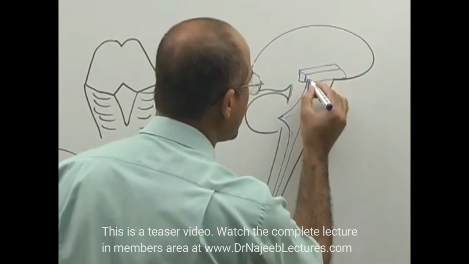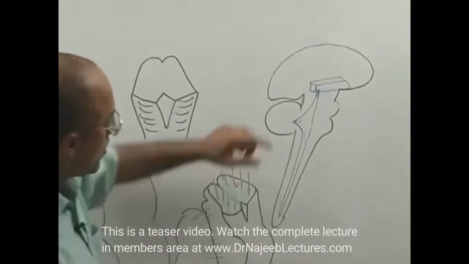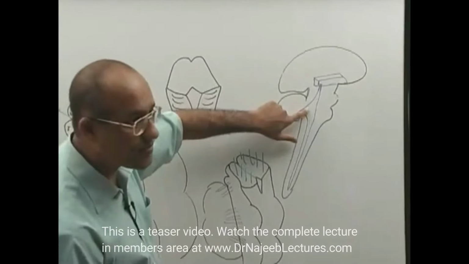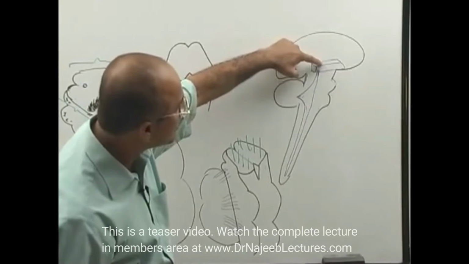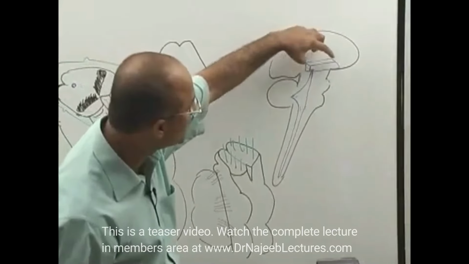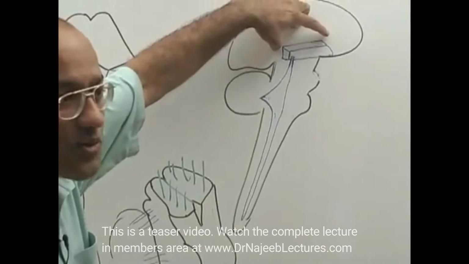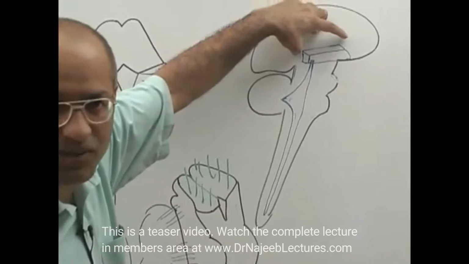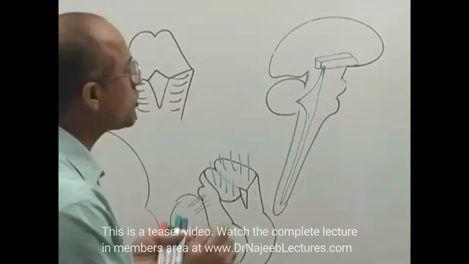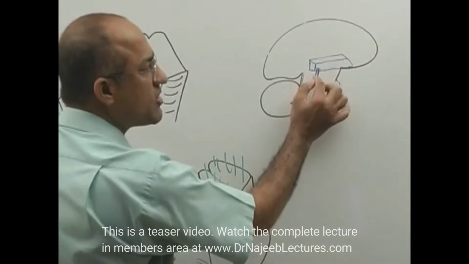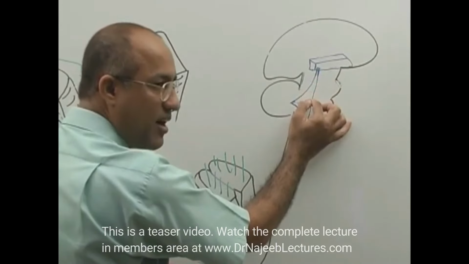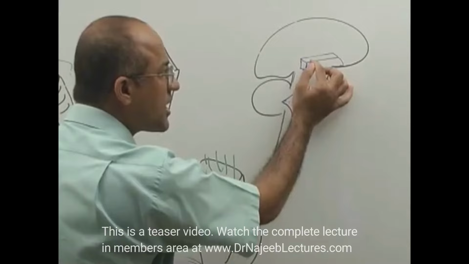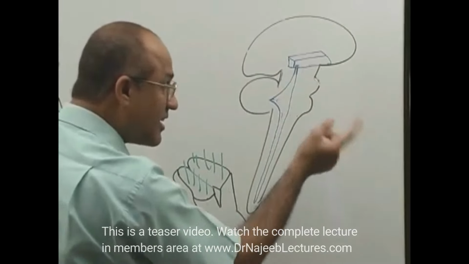And now, this was the fourth ventricle. The fourth ventricle is connected through the cerebral aqueduct with another CSF filled cavity. What is this CSF filled cavity? Third ventricle. Is that right? And so we can say the midbrain cavity is the cerebral aqueduct, inferiorly connected with the fourth ventricle, superiorly connected with the third ventricle.